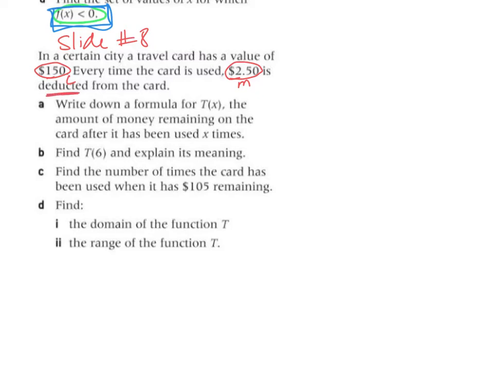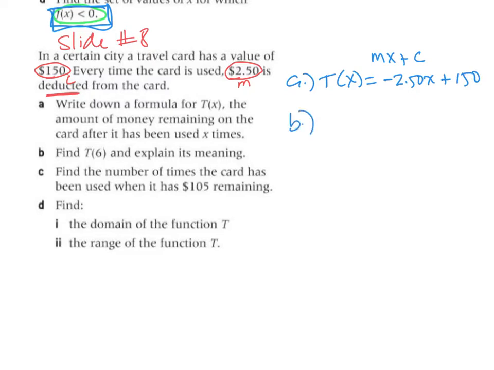So for letter A, T of X is equal to, in mx plus c form, -2.50 times x plus the y-intercept of 150.